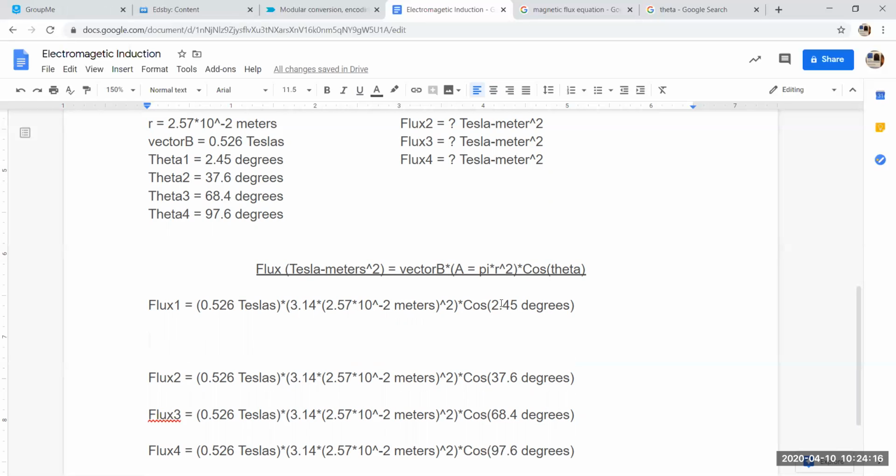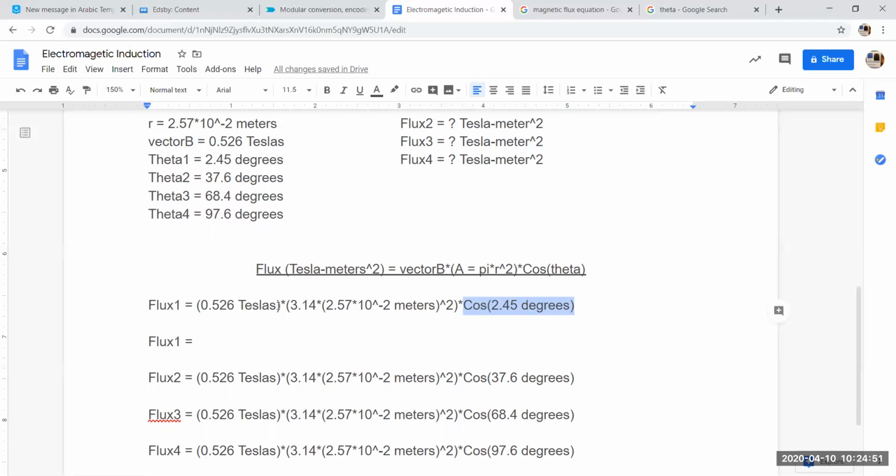So let's begin. We're gonna type flux 1 is equivalent to, and I'm gonna take pretty much what I need. The dimensions are fine. This is great for your mathematical proof, but you still have to be able to know when to calculate with dimensions and whatnot. So does anything cancel out? Doesn't look like it, right? But this all consolidates. The cosine of 2.45 degrees is just going to turn into some number.